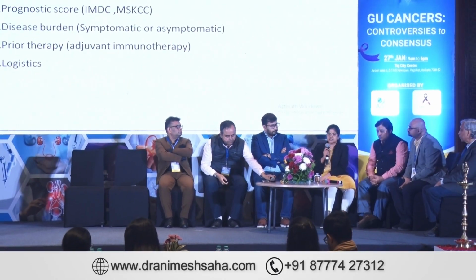Okay. So madam, you can take it up also. When you have a metastatic RCC patient, how do you choose your therapy? Which factors do you take into consideration? If it is a metastatic disease and the patient is asymptomatic. Could you be louder? We are not able to hear you.